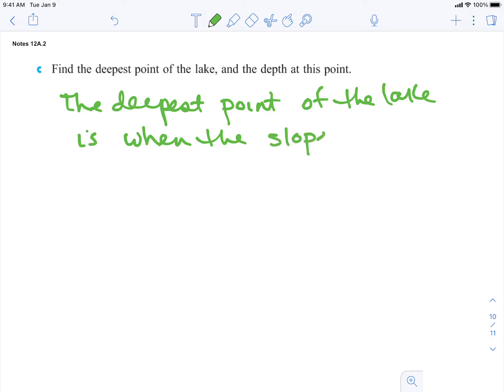We need to find out when the derivative is equal to 0.